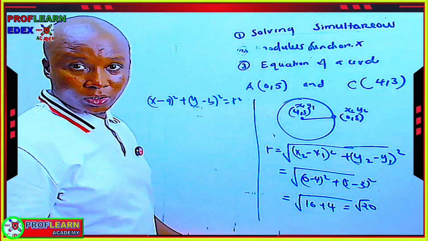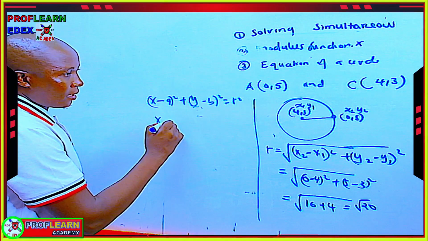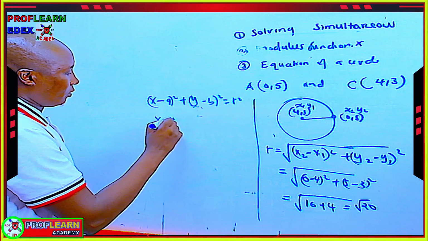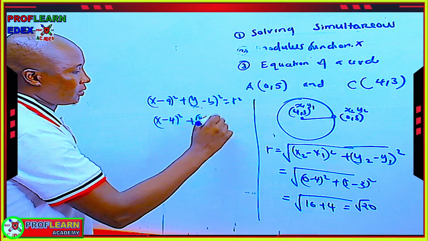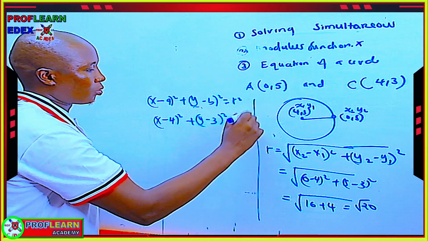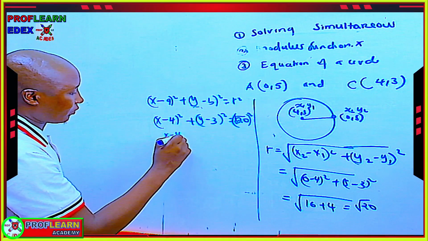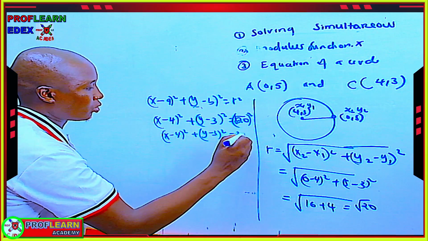So this means (x minus 4) squared plus (y minus 3) squared equals root 20 squared, and that becomes (x minus 4) squared plus (y minus 3) squared equals 20.